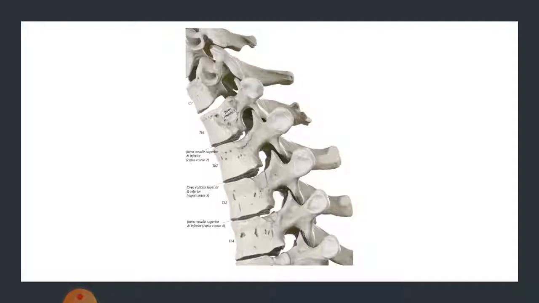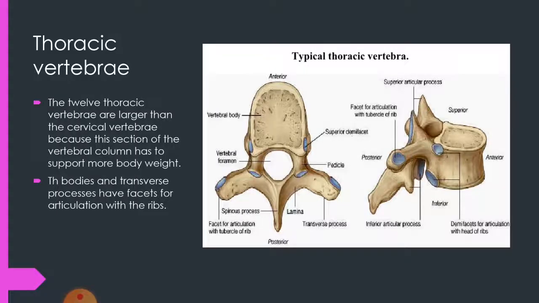Okay, so the next is the thoracic vertebrae, and we already know there are 12 in total. These are larger than the cervical vertebrae because they have to support more body weight, and the bodies and the transverse processes have facets for articulation with the ribs. Within the thoracic region there will be the rib cage as well.